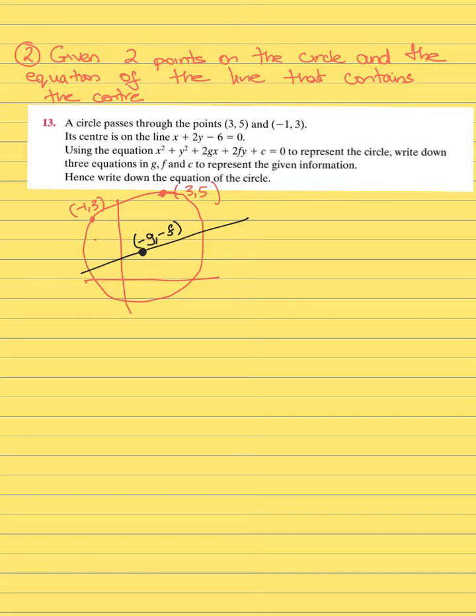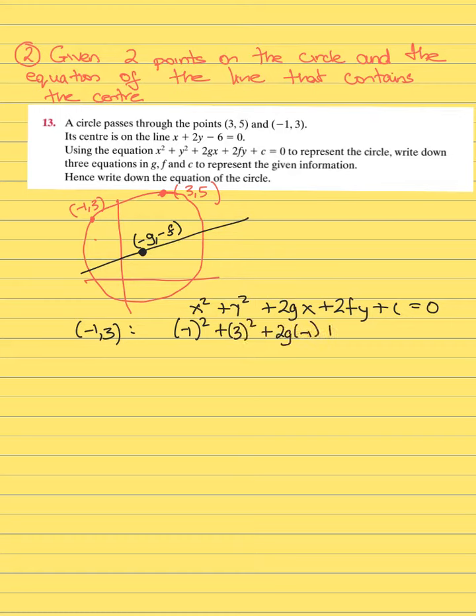So the first thing we know is that (-1, 3) is on the circle, and we know the circle is x² + y² + 2gx + 2fy + c = 0. So if (-1, 3) is on that circle, we would get (-1)² + 3² + 2g(-1) + 2f(3) + c = 0.